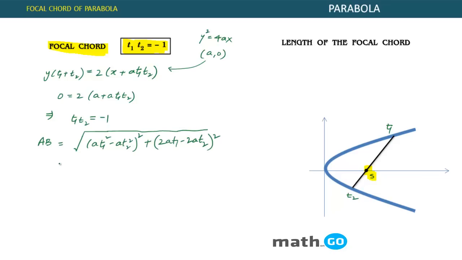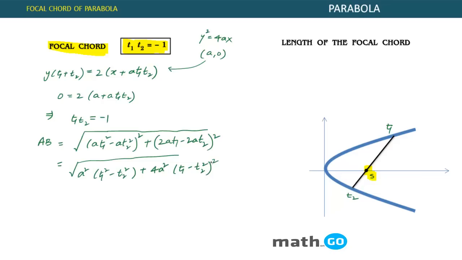And if you try and solve this, what will it become? You can take a common, this will become a². You can take 2a common here as well. Let me write it in short form. So it becomes a²(T1² - T2²)² + 4a²(T1 - T2)². Sorry, this square will be outside.